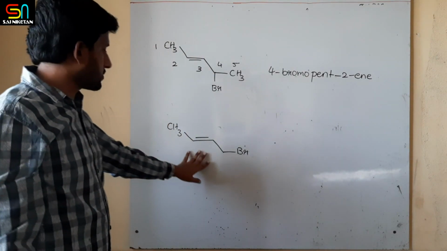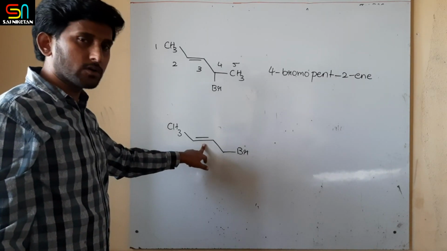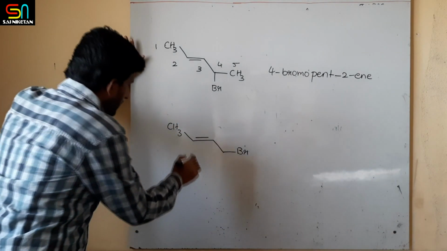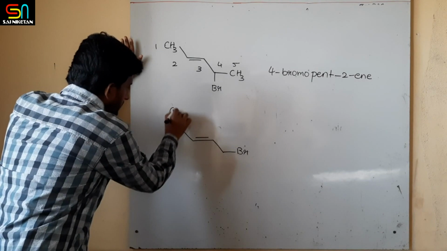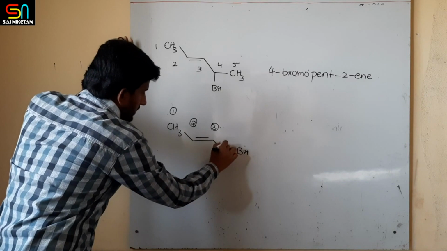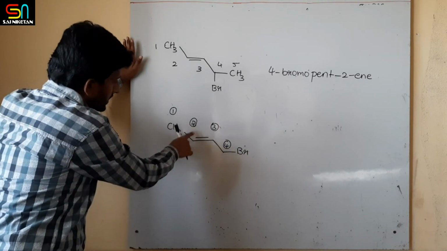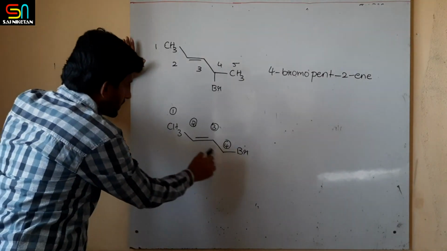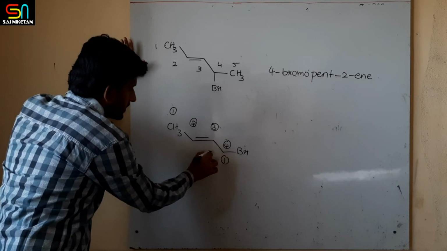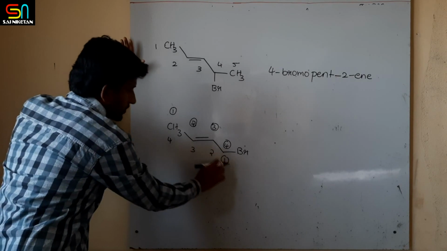Similarly, here also we have to give priority to the double bond compared to the bromine atom. If I number from this side, it will become 1, 2, 3 and this carbon is the fourth carbon. The double bond is falling under the second position. If I number from the other side also, this is first carbon, second, third and fourth.